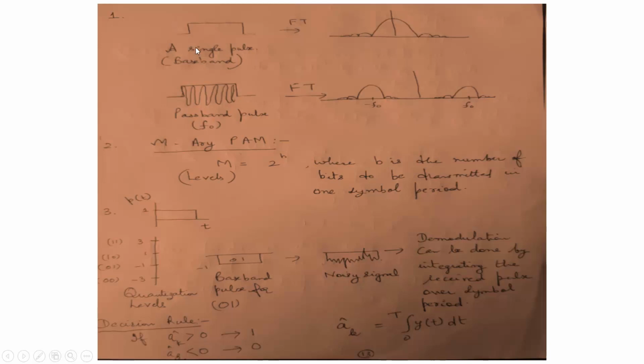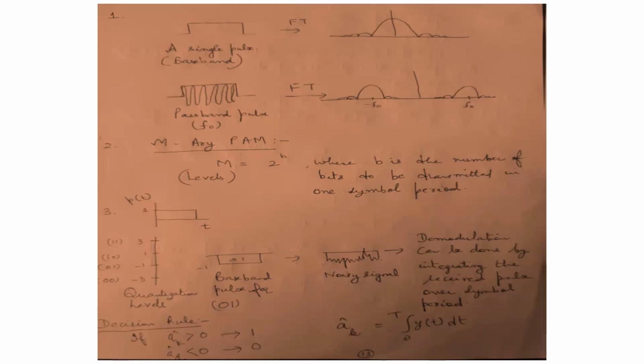So we have a single pulse, which is a baseband pulse. The example that I have taken was of a rectangular waveform. To represent the digital data in the form of ones and zeros, we will use a pulse p(t), which is plus 5 volts, for example, to represent 1, and minus p(t), which will become minus 5 volts, to represent 0.